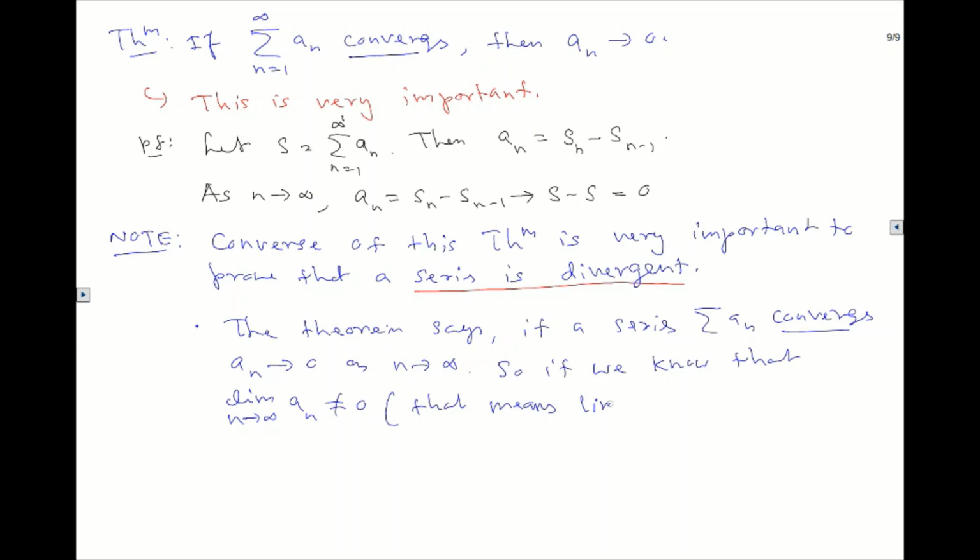There are two things. Either the limit does not exist, or the limit is something else, say L, which is not equal to 0.